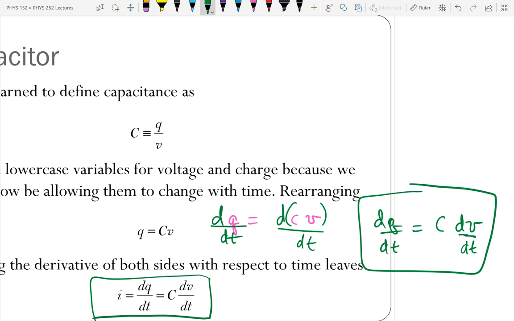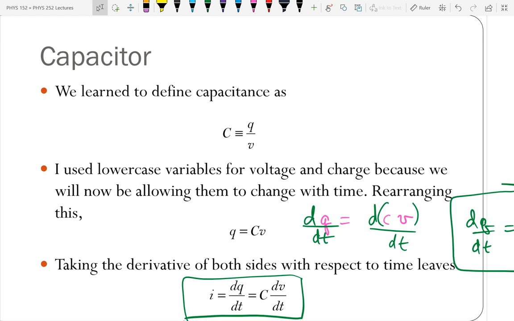Now that actually has an important ramification. What's the maximum current you can achieve in theory? Infinite. In theory, the rate you transfer charge is infinite. In practice, you know it's not going to be infinite.